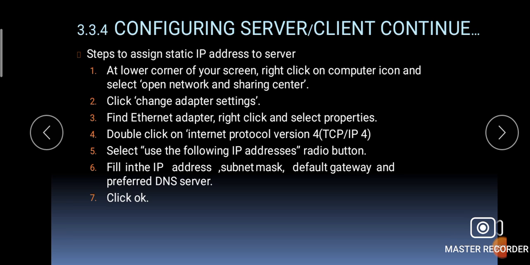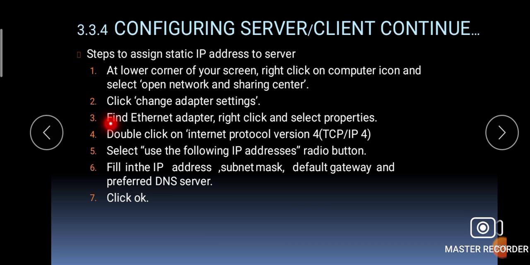So how do we assign a static IP address to the server? Follow these steps. At the lower corner of your screen, right click on the computer icon and select Open Network and Sharing Center. Then click Change adapter settings.